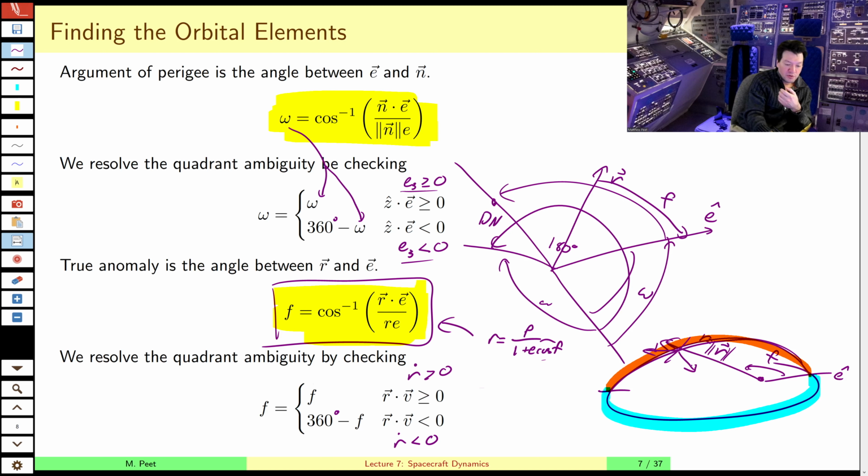Aligned or anti-aligned, opposite. If they're aligned, we're all good because we're in the first arc of the orbit, no corrections required. If, however, we're on the second arc of the orbit, then we do have to do a correction here, 360 minus f, because we're actually measuring this angle.